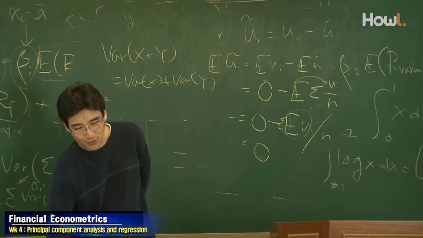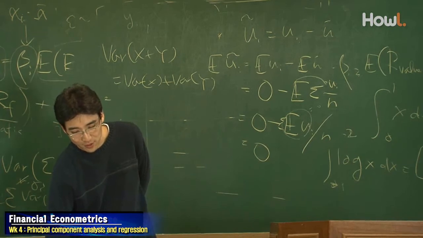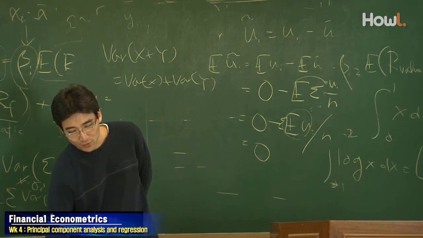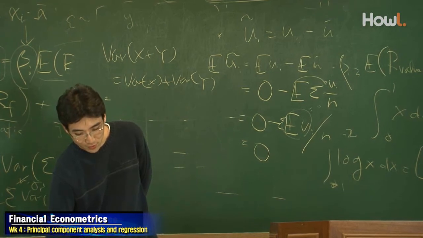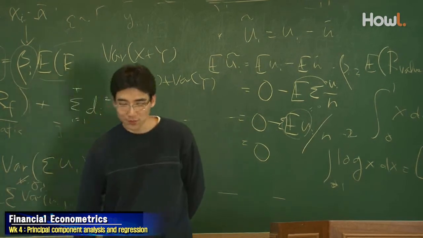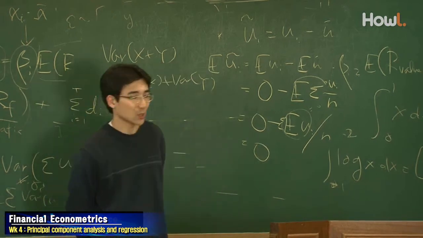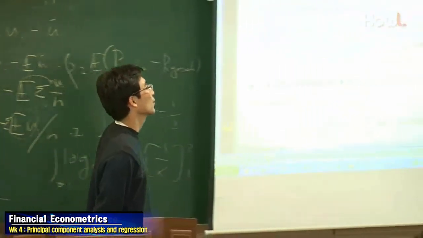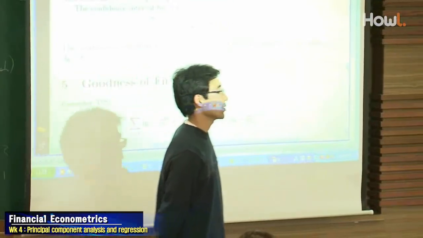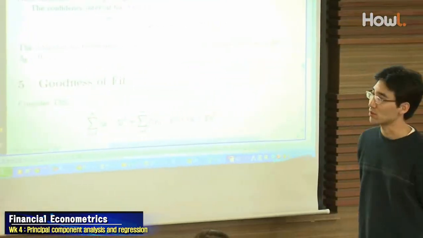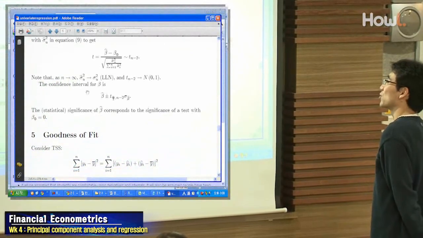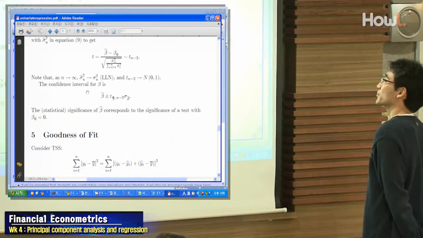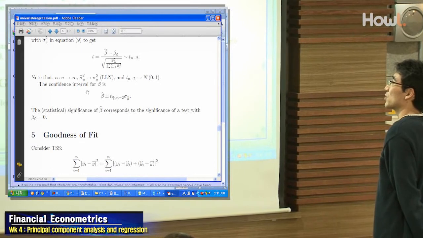Because of this relationship, if you have enough data, the estimated variance of U hat will converge to the true variance. So if we have enough data, we don't actually have to use the t statistic. We can use the Z statistic, which is distributed as the standard normal distribution.